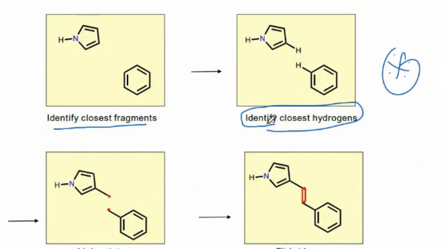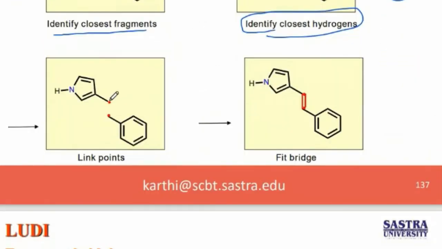You have to find out which two hydrogens in the closest fragments are closest, right? So that we have identified. Then those hydrogens are labeled as the connection points. These are called link points, which means these are the places where the hydrogens are closest to each other, right? So those red color points are called the link points.